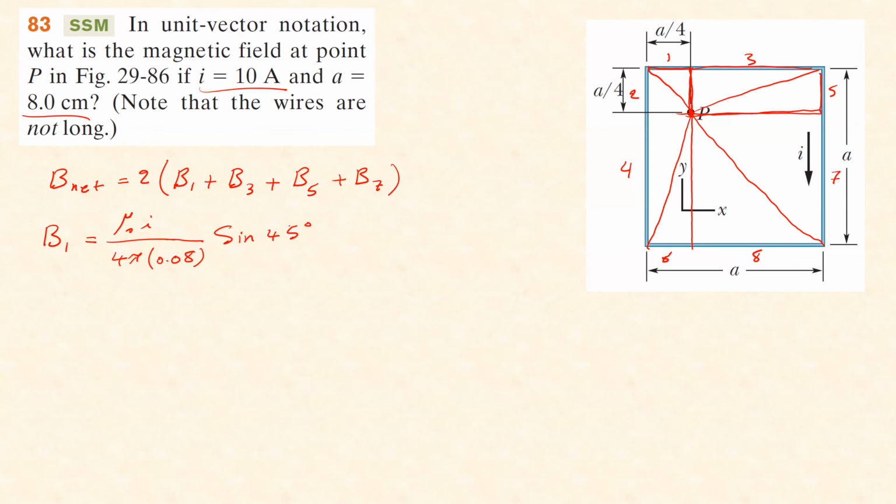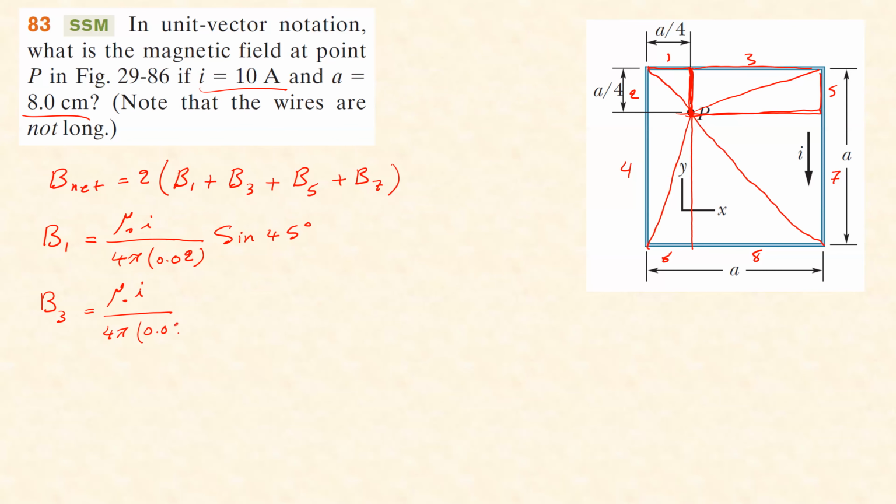All right. And B3 is mu naught I over 4 pi R, which is again 0.03. No, sorry, A is 0.03. A is 0.03. This distance here is 1/4 of A, so it becomes 0.02.